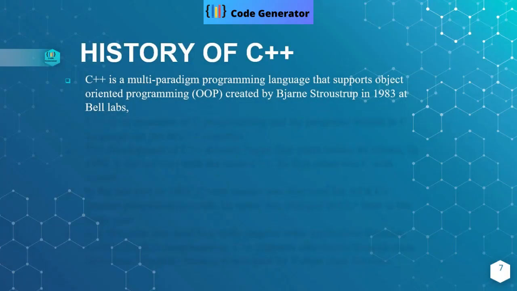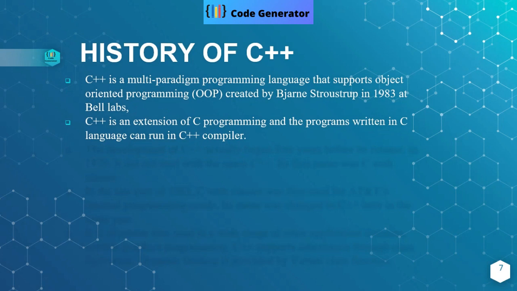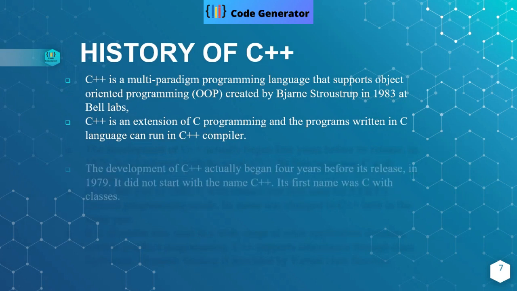History of C++. C++ is a multiple paradigm programming language that supports object-oriented programming, created by Bjarne in 1983 at Bell's Lab. C++ is an extension of C programming, and the programs written in C language can run in a C++ compiler.